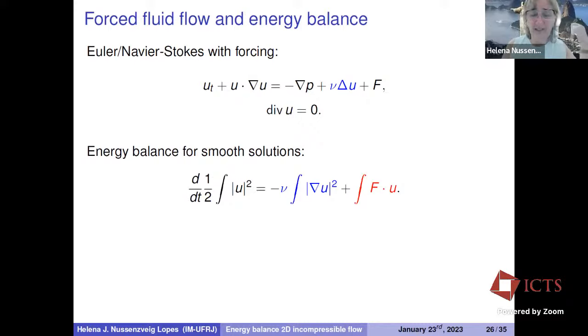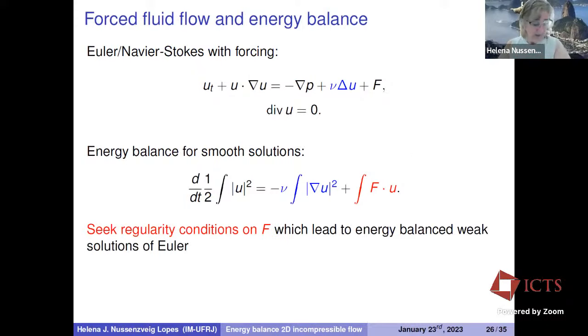In other words, d/dt of the kinetic energy is minus the dissipation, minus nu integral of gradient u squared, plus the integral of F times u. This is the new term, which corresponds to the energy input from the forcing. So we seek regularity conditions on F which lead to energy balanced weak solutions of the Euler equations.